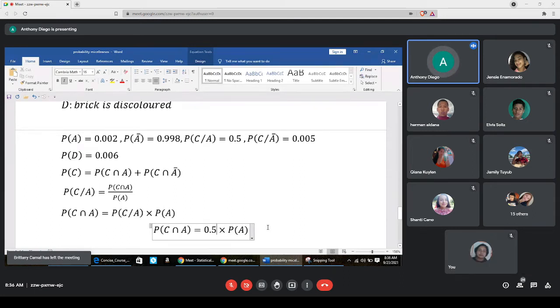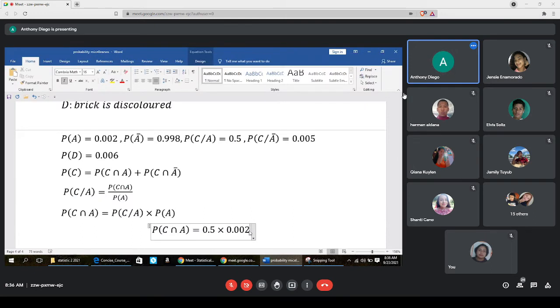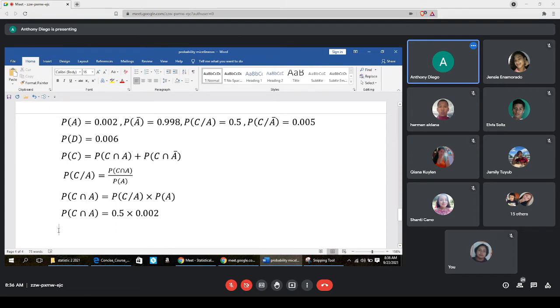And then the probability of A is 0.002. So how much will that be? So what will be the product there?